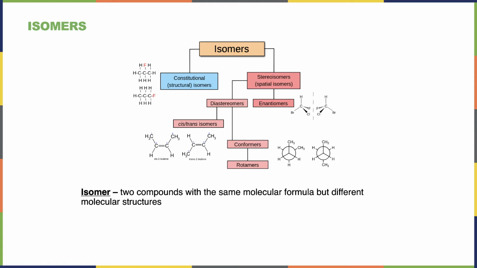In other words, in this case, the chlorine and fluorine are spatially arranged to the right. And in this one, the chlorine and fluorine are spatially arranged to the left. And the solid triangle means that the chlorine is coming out of the screen towards you, and the dashed triangle means that the fluorine is going into the screen. These two are in the plane of the screen.